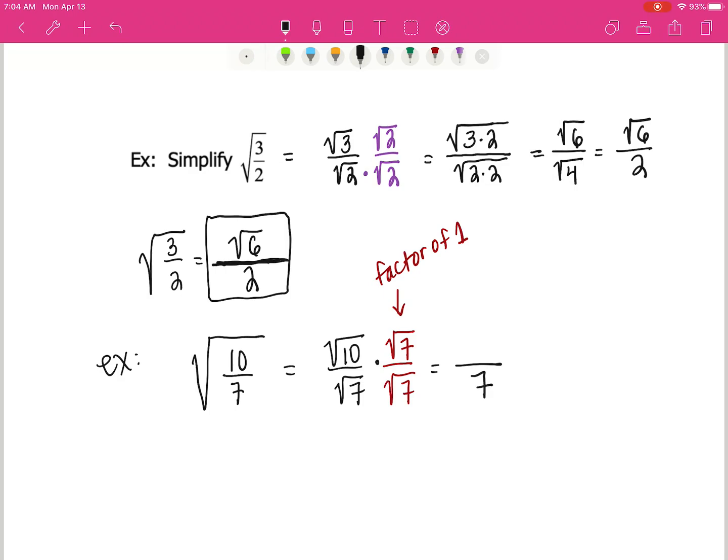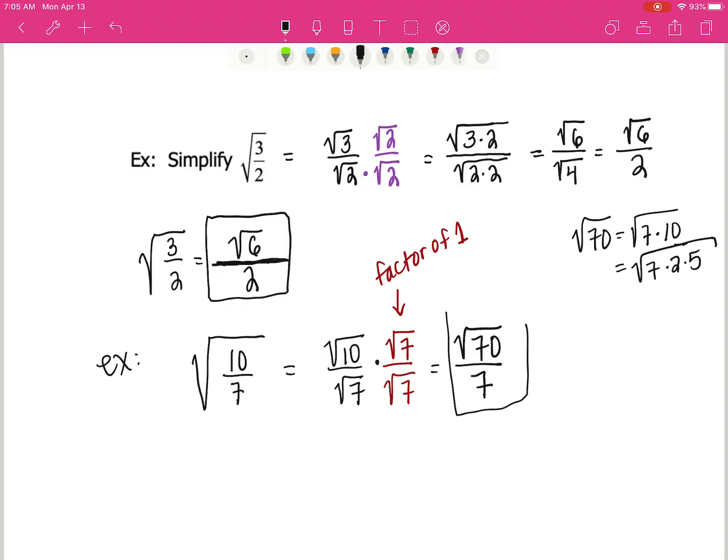So I end up with just a 7 in the denominator, no radical, and in the numerator I've got the square root of 70. The square root of 70 is the same thing as 7 times 10, which is 7 times 2 times 5, and there are no perfect squares, so I can keep that as the square root of 70, just like that. So that's an example of simplifying radicals.